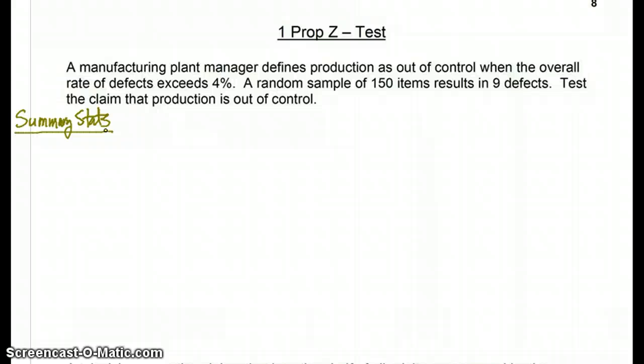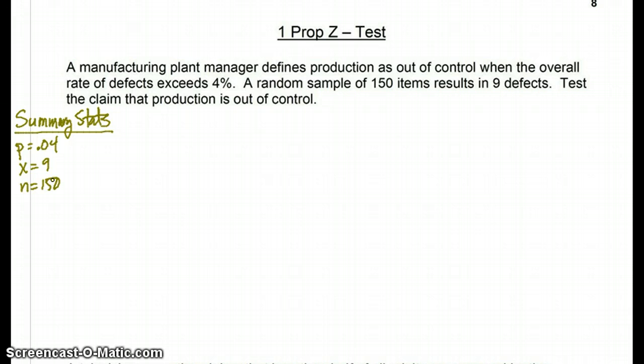So here's the first thing. Based on what's given, I see a percentage. I don't see anything mentioning a mean, so I know that p is 0.04. Based on what's given, I know that x is 9, n is 150, and that's from my sample.